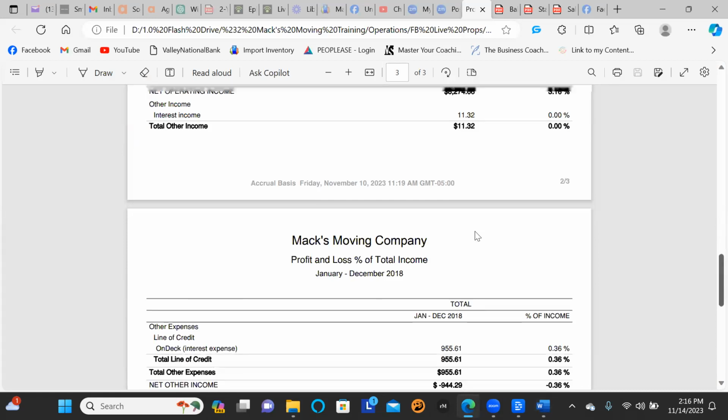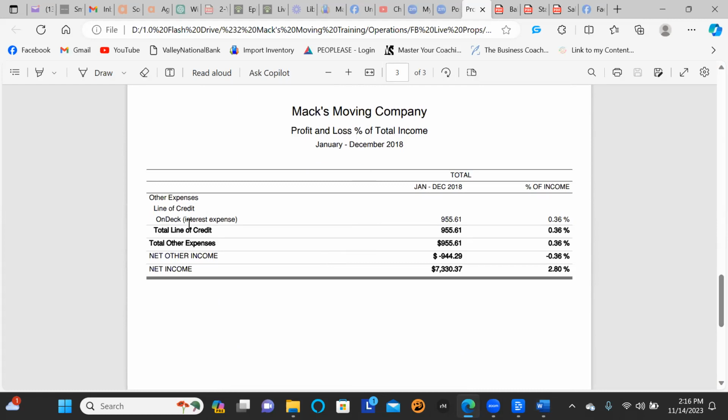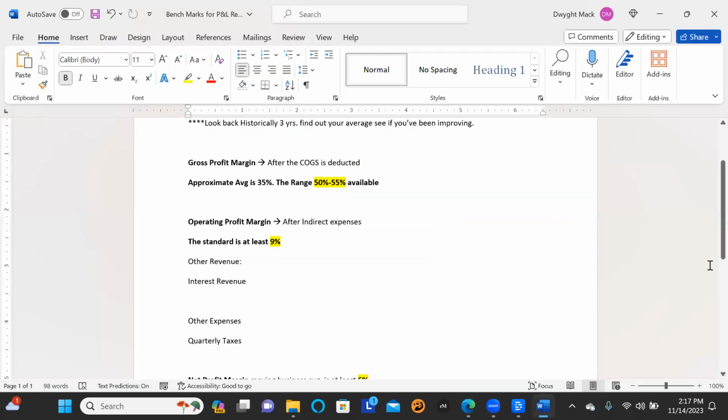So now, after other income, like I said, your interest income, and then maybe your line of credit interest expense, the net income was about 2.9%, which was way less than where we wanted to be, because again, as you've seen, we wanted to be about 6%.